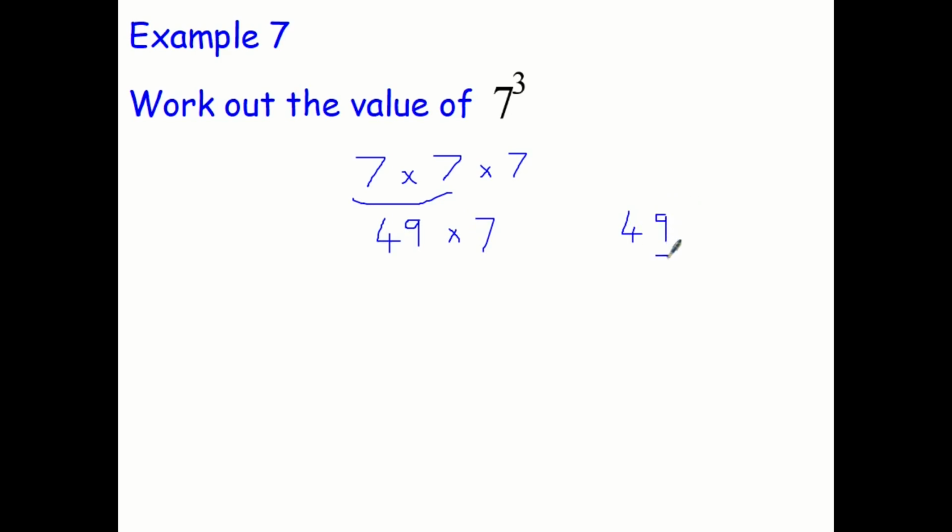I start off by doing 7 nines, which are 63. Put my 3 here, carry my 6. Then I'm going to do 4 sevens, which are 28, plus my 6 gives me 34. So 7 cubed is 343.